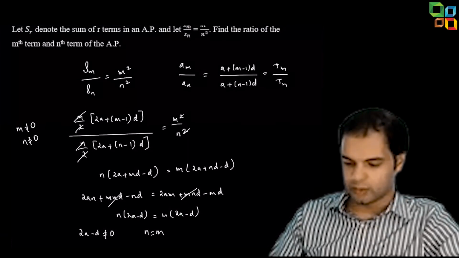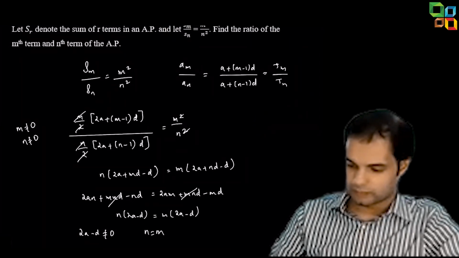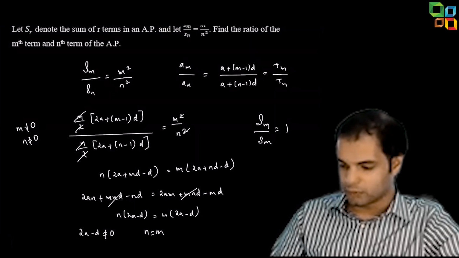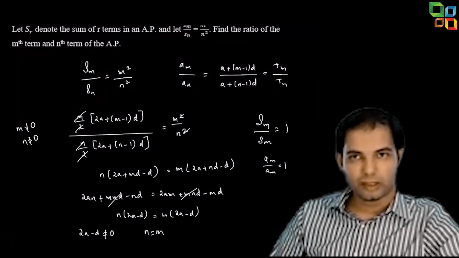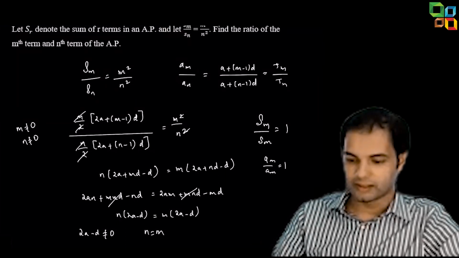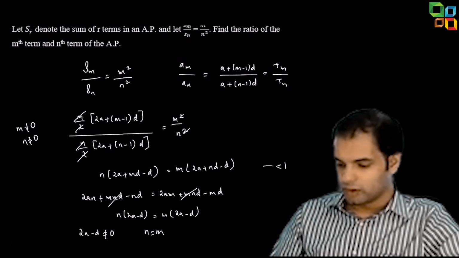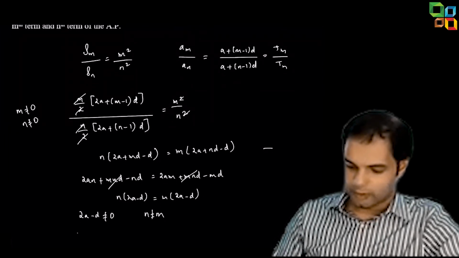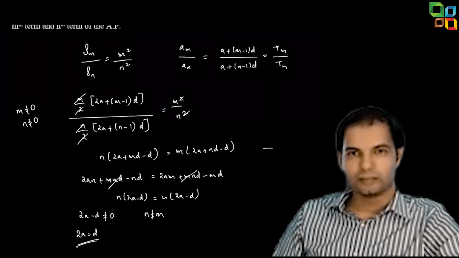Then we are simply dividing Sm by Sm, so obviously this is 1. Even Am by Am will be 1, right? It's a trivial case, and we don't want any trivial cases. So we're just trying to remove these cases. So n can't be equal to m for sure. That means 2a should be equal to d. This is the only solution we can have.